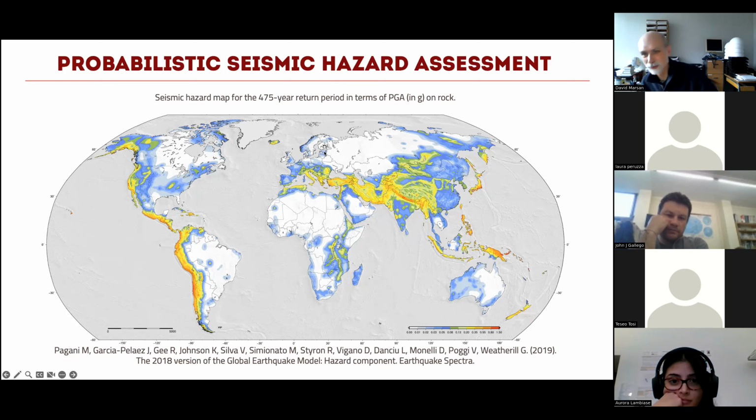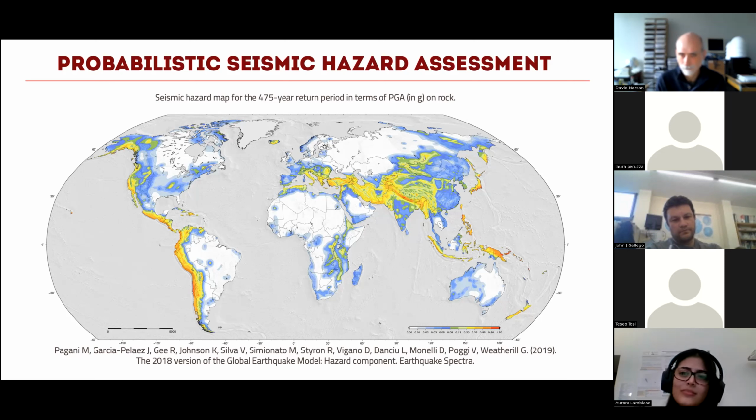It is a bit strange, you know, to use this 10% in 50 years. There's literally a paper that shows that there's no solid reasoning behind this. It's just that a lot of times, for buildings, and I'm a civil engineer, we design typically for 50 years. Buildings are supposed to survive 50 years, unless it's a critical building, and then we consider a longer time horizon. And the 10% was something that was decided a long time ago.